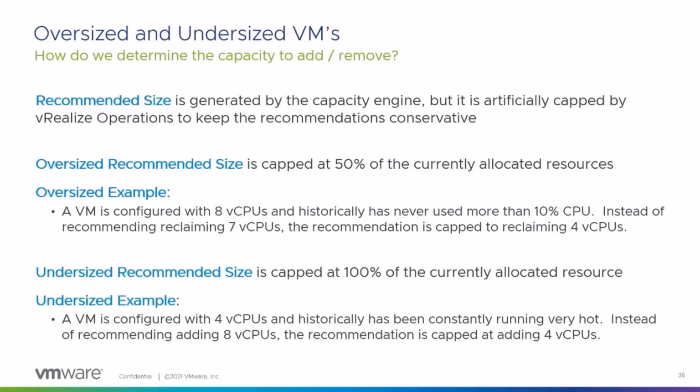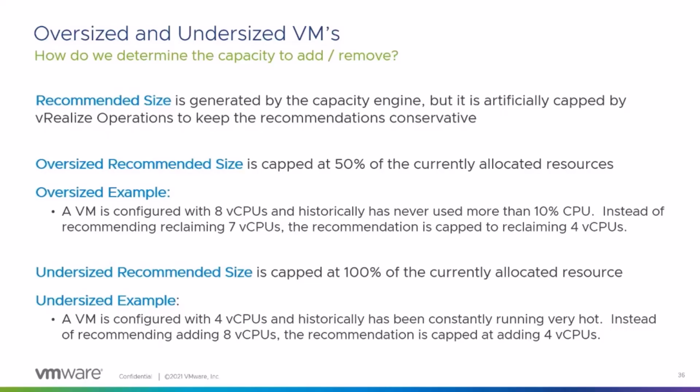You eventually come to the right size of the virtual machines over time. It helps avoid really big, drastic changes for VMs that are very oversized. And then the same for undersized virtual machines. There's a cap for those as well. A recommendation would never be more than 100% of what's currently allocated to the virtual machine.